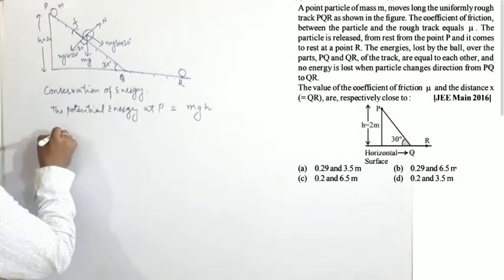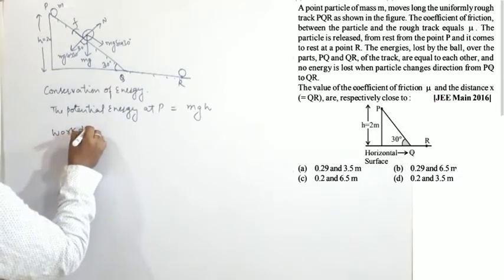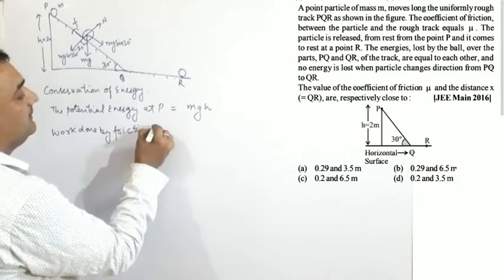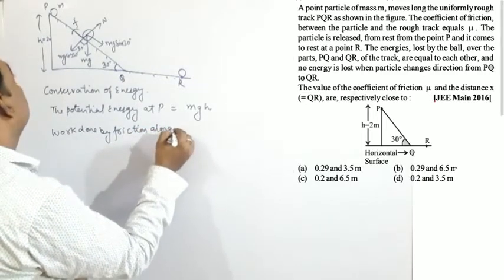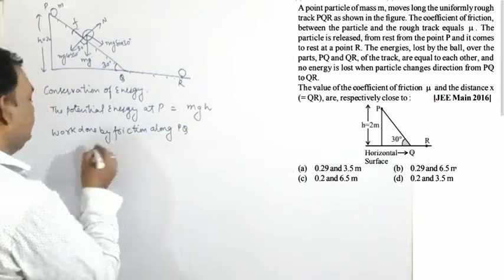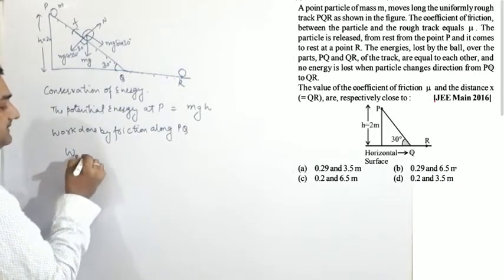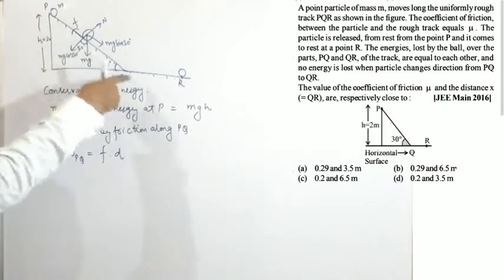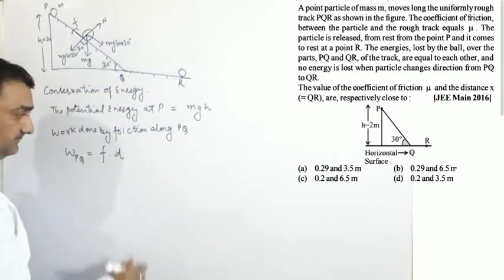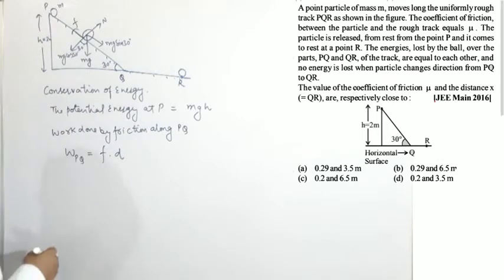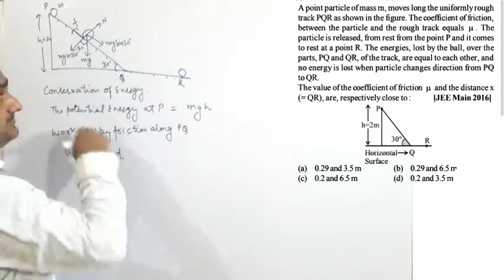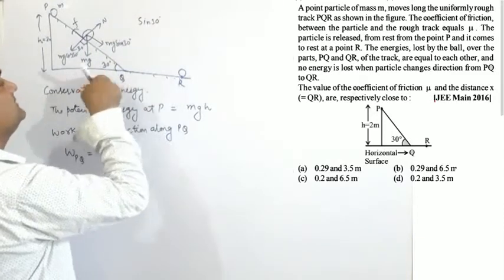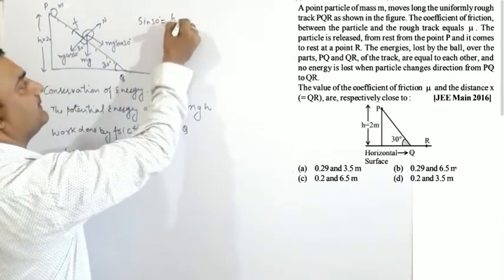So work done by friction along P to Q, we can call it WPQ, and that should be equal to force into displacement, where d is the length of the inclined plane. We can calculate this d also by using trigonometry. So sin 30 degree, this is angle 30 degree, that is h by d.